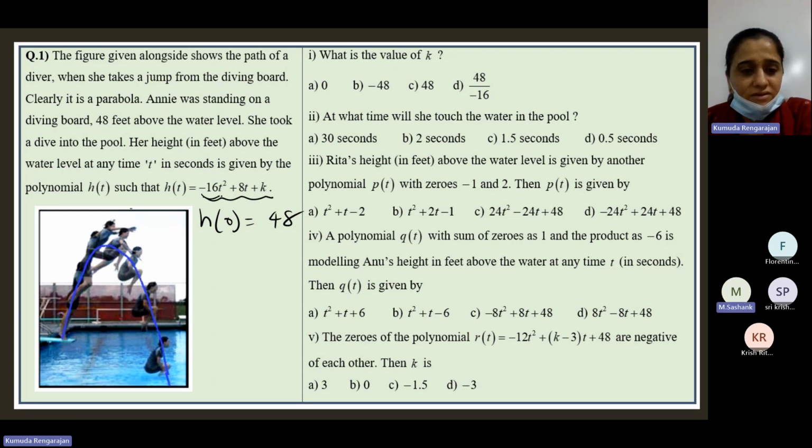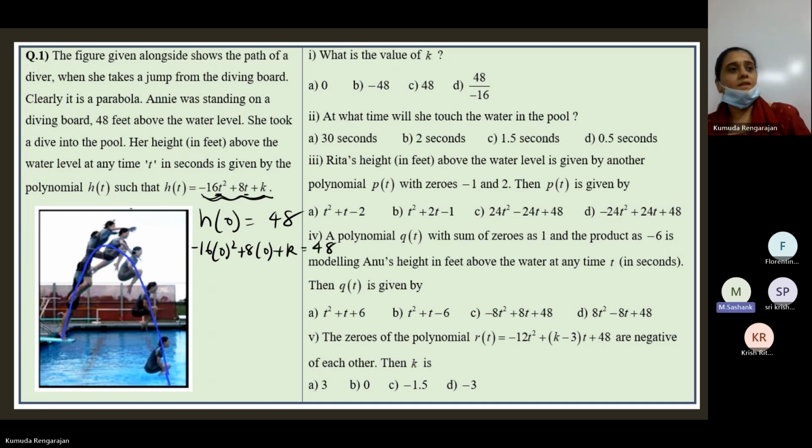So h of 0 means wherever there is t, you must put 0. So minus 16 into 0 square plus 8 into 0, plus k is equal to 48. Wherever there is t, you should use 0. Then you can find the value of k.